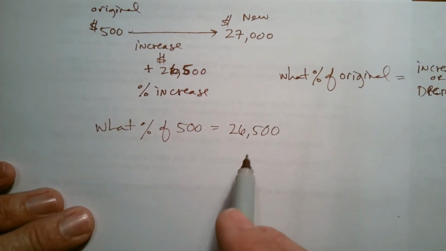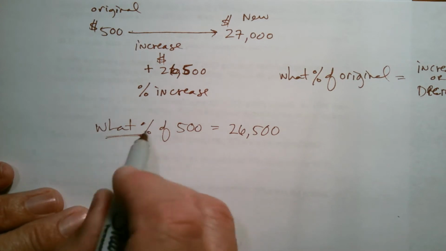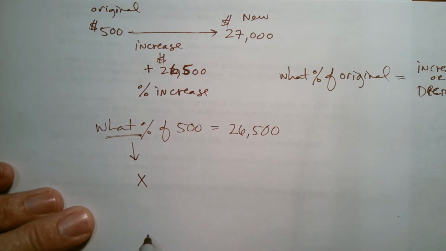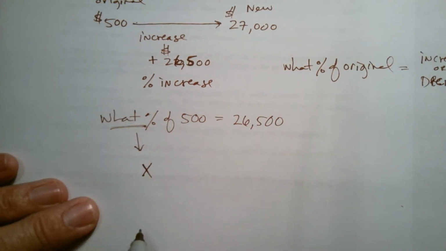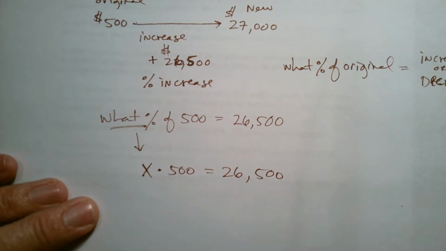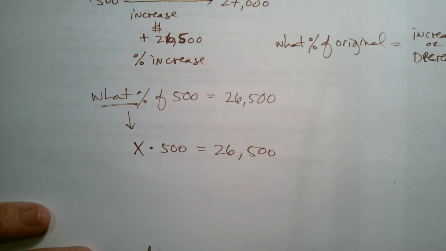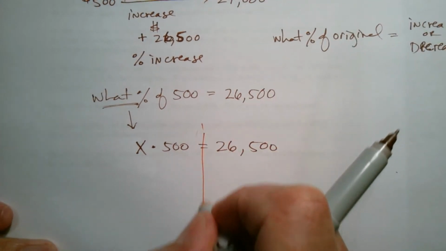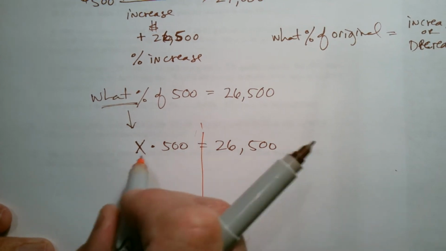That's my statement, and now I can write an equation, because we're dealing with an unknown, what percent, which I'm going to call x. So x times 500 equals 26,500. That's my equation. To solve for x, the multiplication by the variable means the inverse operation is division.